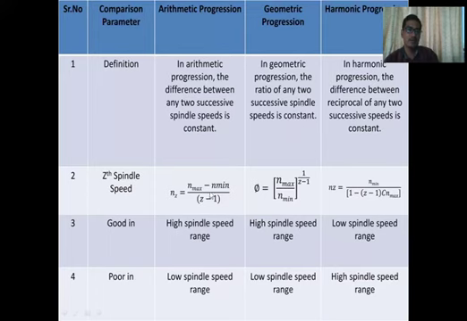Next is the calculation of the z-th speed for the different laws of progression. So the next parameter is the z-th spindle speed.